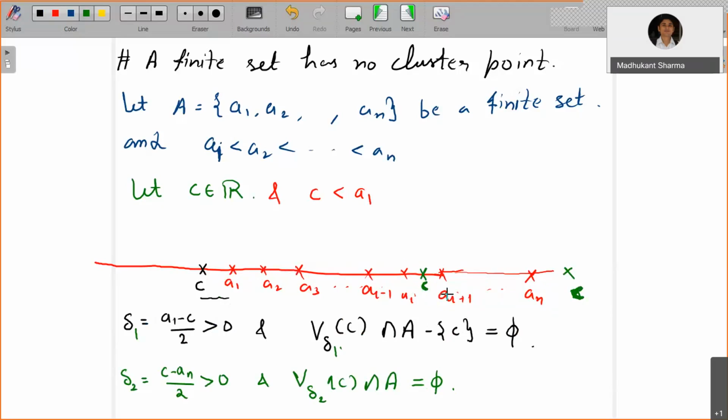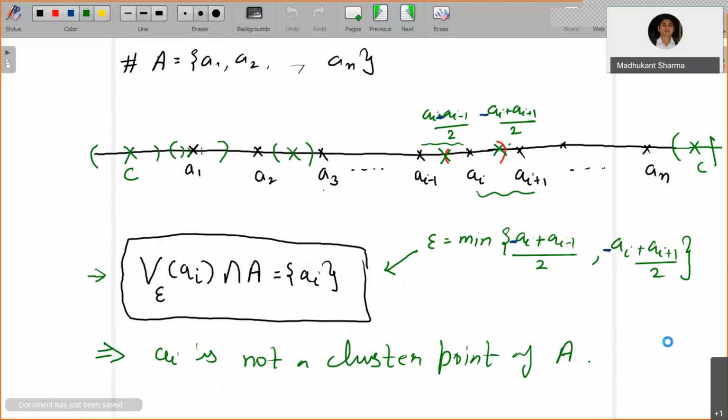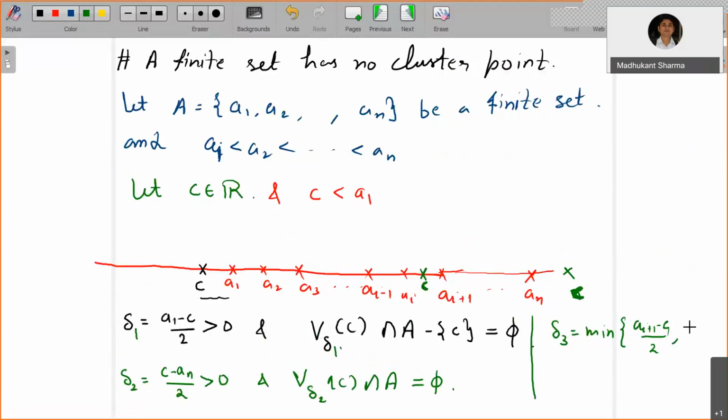Here you will choose delta 3 equal to the minimum of (a(i plus 1) minus C) by 2, comma (C minus ai) by 2. Certainly it is going to be greater than 0, and the corresponding neighborhood of C will not contain a point of A.